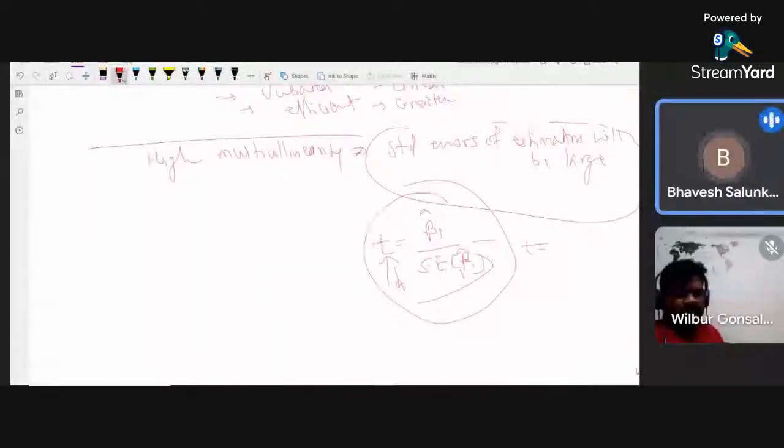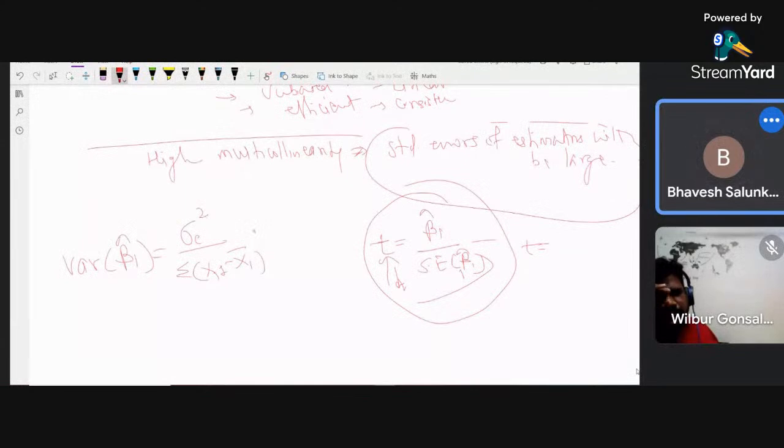Okay, so this is the problem that we encounter. And how do we denote the variance formula now? Suppose you are writing the variance formula for beta hat 1, it will be sigma squared upon summation of (xi1 minus x bar 1) squared, into 1 upon 1 minus r squared 12.